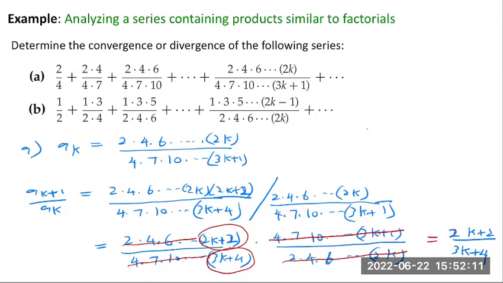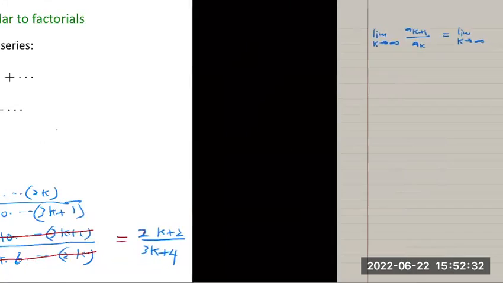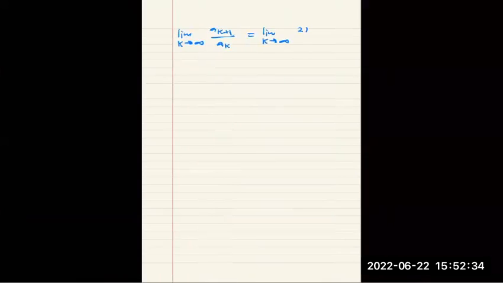Okay, let me add a page here and find the limit as k approaches infinity, a_(k+1) divided by a_k. This is going to be the limit as k approaches infinity, 2k plus 2 divided by 3k plus 4. Clearly, this limit is 2 over 3.